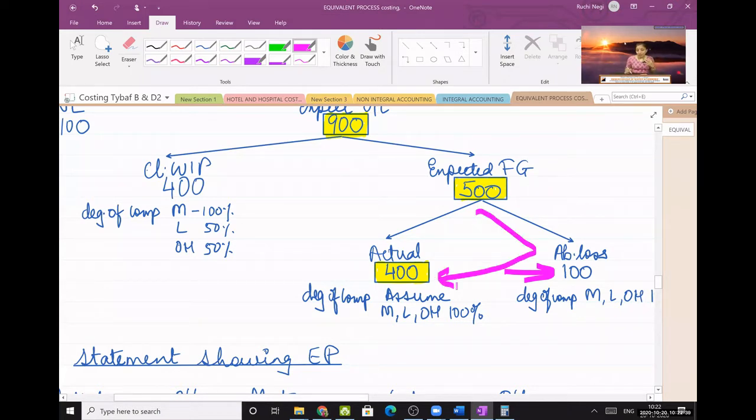So my actual finished goods are 400. ठीक है, समझ में आ रहा है? Raw material input में से 400 is my WIP, which will be converted in the next month. The degree of completion will always be given in the question.